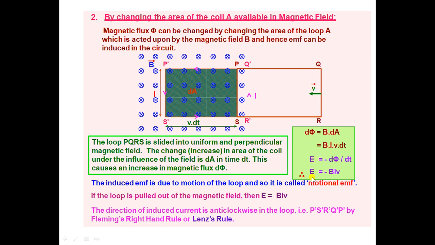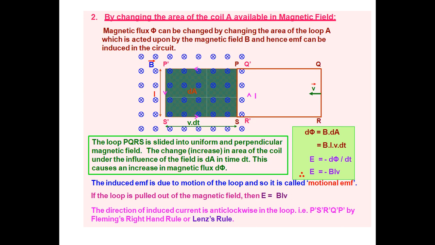Therefore, E is equal to minus BLV, that is, the magnitude E is equal to BLV. When the loop is pulled out of the magnetic field, the EMF is equal to BLV, and the direction of induced current is anti-clockwise in the loop.